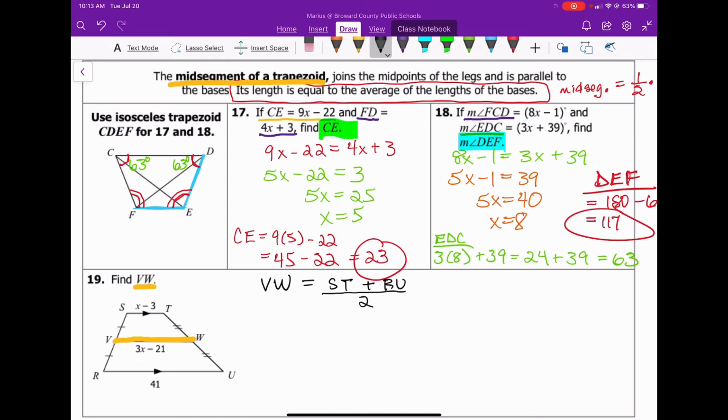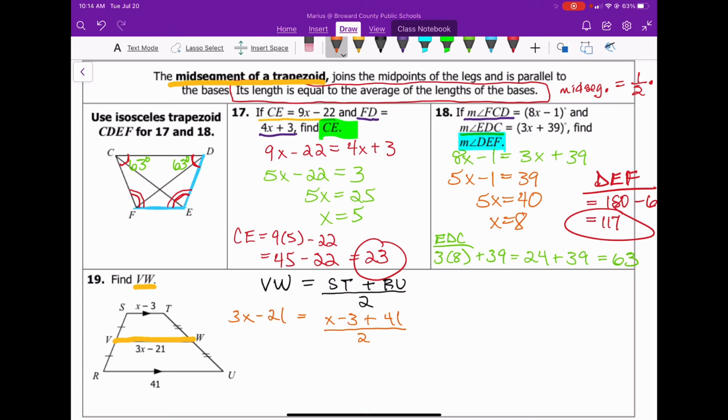So VW is 3x minus 21, is equal to ST is going to be x minus 3, and RU is plus 41, and all of that's going to be divided by 2. Now, that's how you set up the equation.